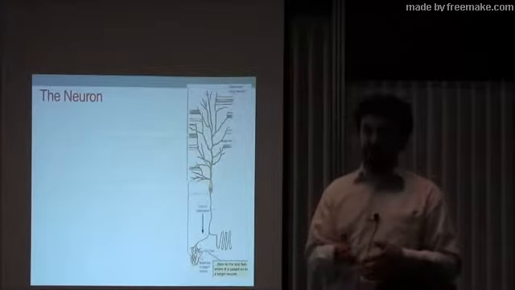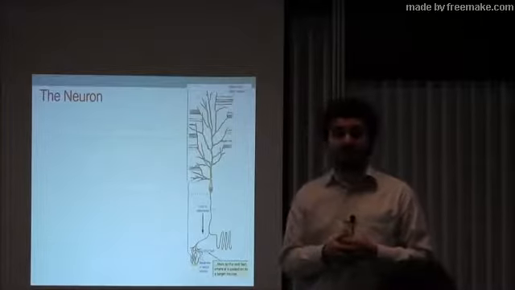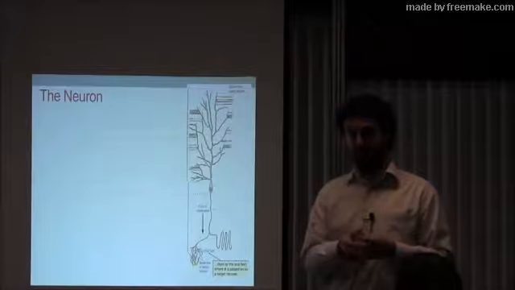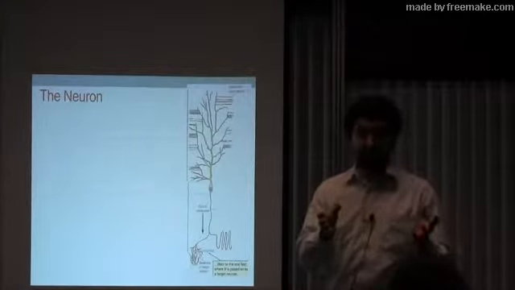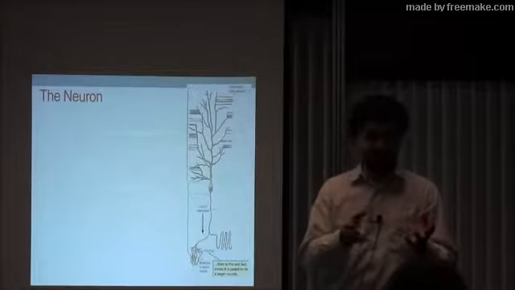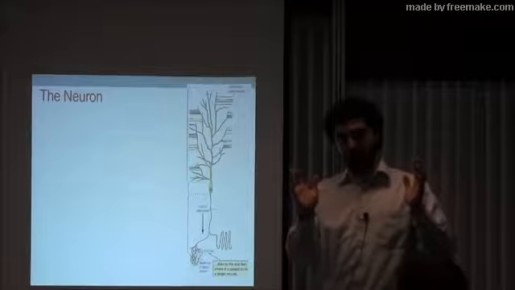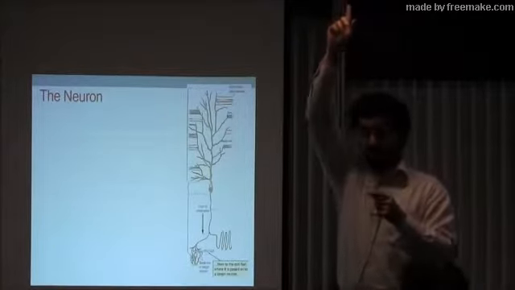Some examples of that: the chandelier cell in the cortex or in the cerebellum is called chandelier because it looks like a chandelier. How would you imagine a chandelier? It has protrusions and then a long line that connects it to the ceiling, right?